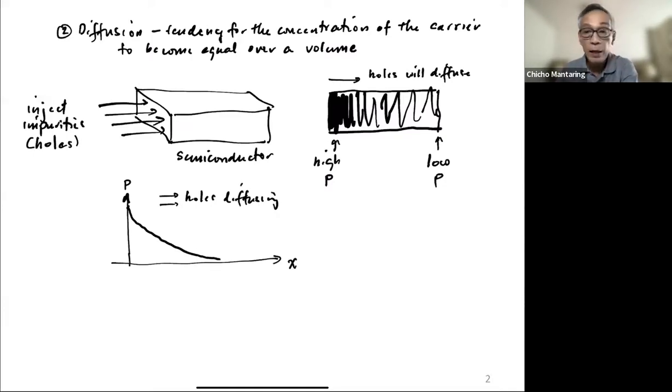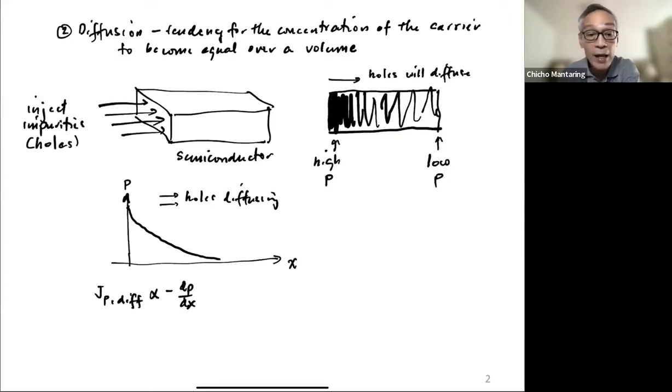Your JP, due to diffusion, is going to be proportional to negative dP by dx.